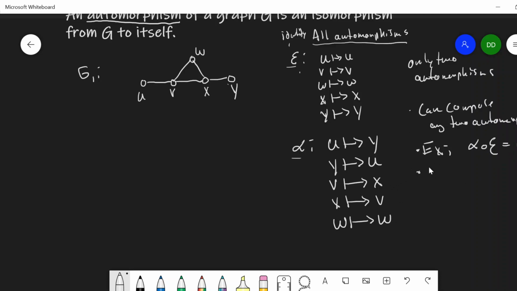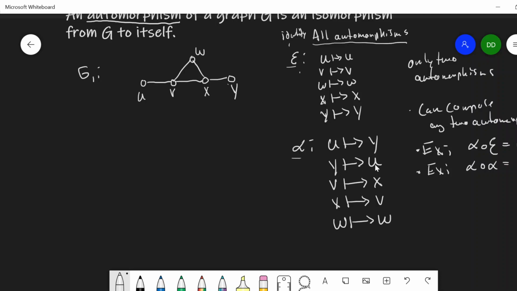All right, well, what about composing? That was epsilon and alpha together, but what about alpha composed with itself? So alpha composed with alpha. First, I would send u to y, and then I would do alpha again, so I'd send y to u. So u gets sent to u.